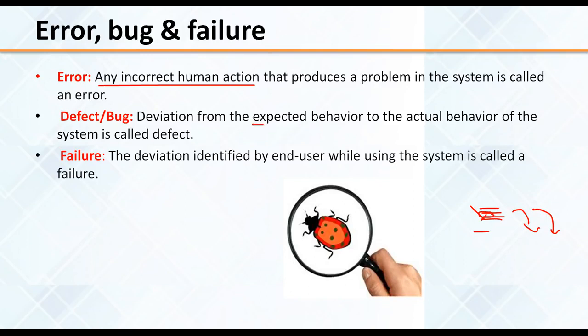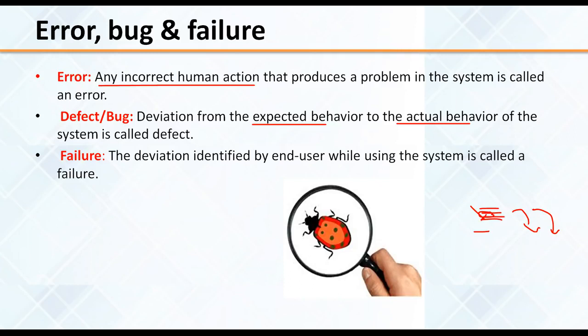So these are the two important things: expected behavior and actual behavior. We get the expected behavior from the customer requirement. Whatever the requirement says, the software or application should work exactly that way. That is expected behavior. But if our application is working differently than expected, then there is a deviation. That deviation we call a defect or a bug.